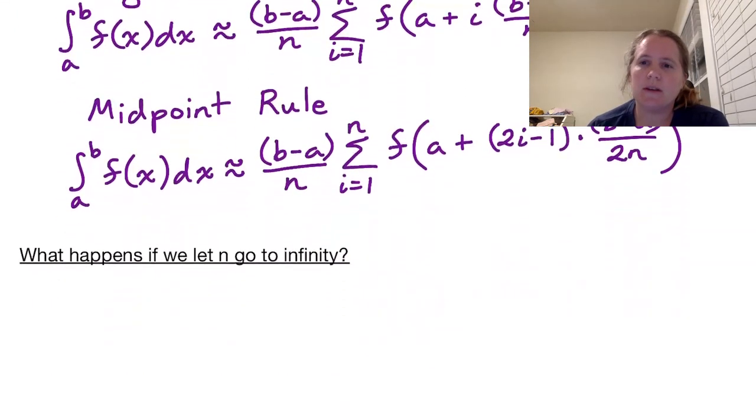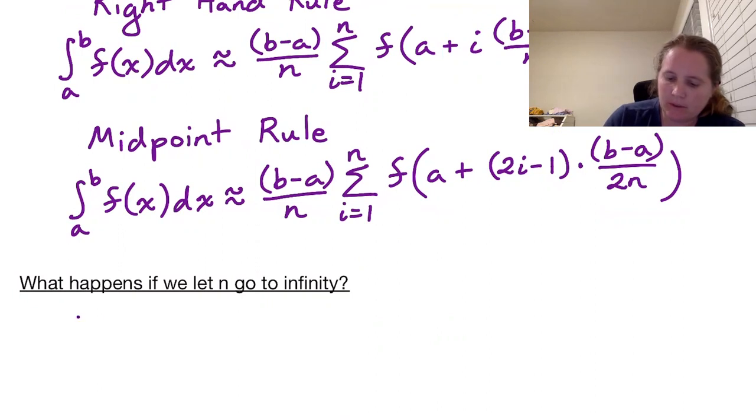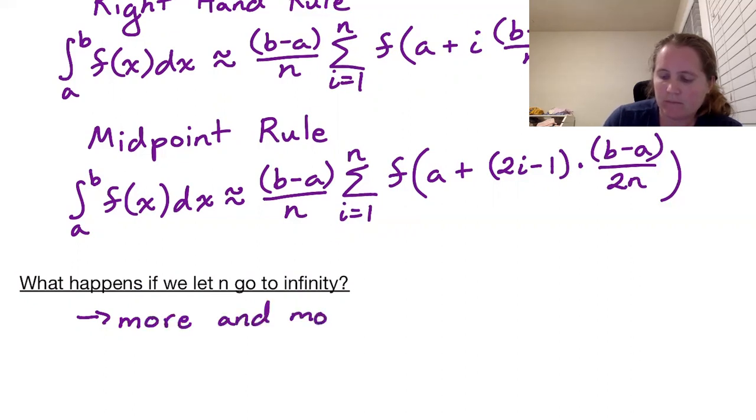So the question then comes, what happens if we let n go to infinity? If we let n go to infinity, then we're getting more and more rectangles of thinner and thinner width.